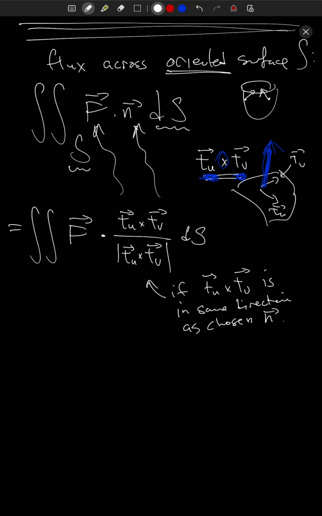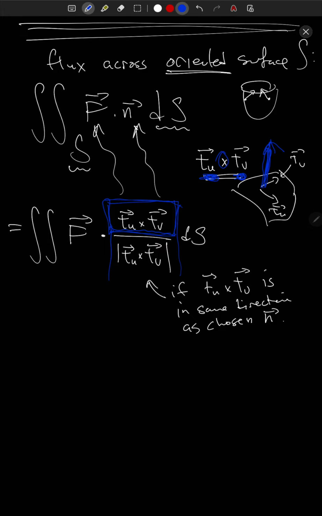Then when I do my parameterization, I would only need to check at one point what direction this points in. In other words, I check its k component. If its k component is positive, then I'm all set. If its k component is negative, then I better pop out a minus sign.